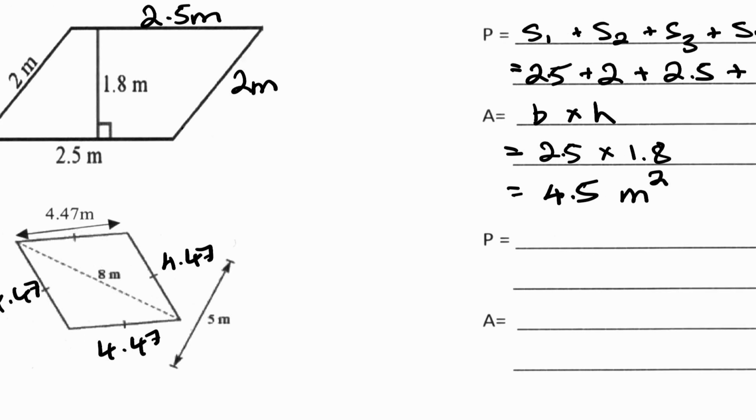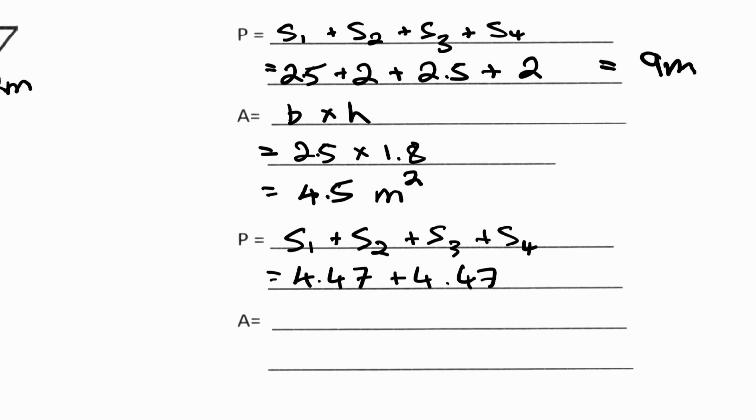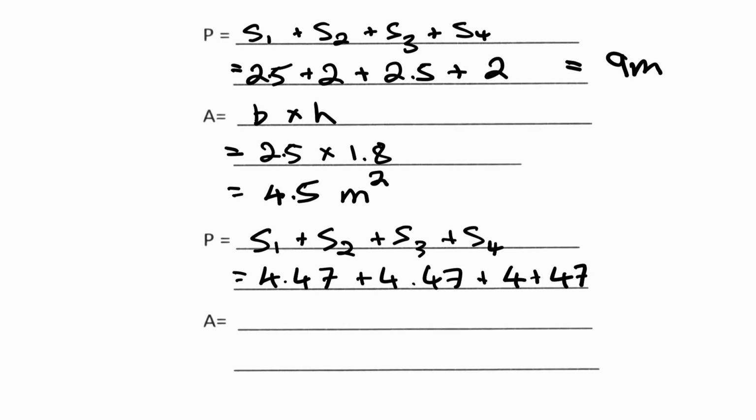Cool. So we could do this just by, again, adding up every side. And every side is 4.47. You could also just multiply this by 4, but this is a little bit more obvious.